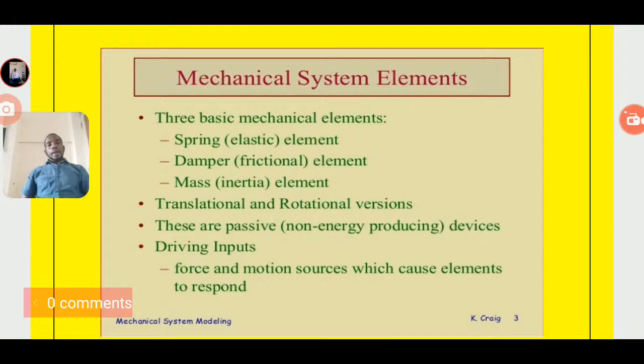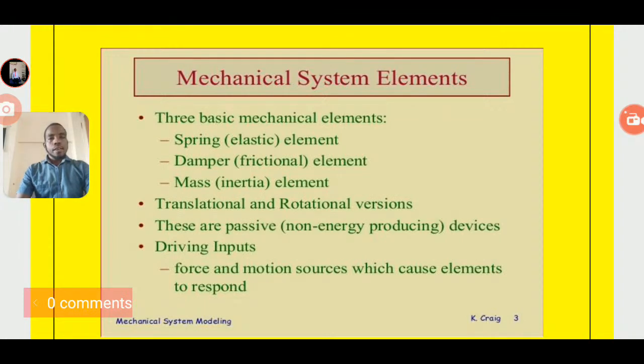As we know, there are many types of systems, and we have seen the modeling of the electrical system. Today we are going to see the mechanical system elements.